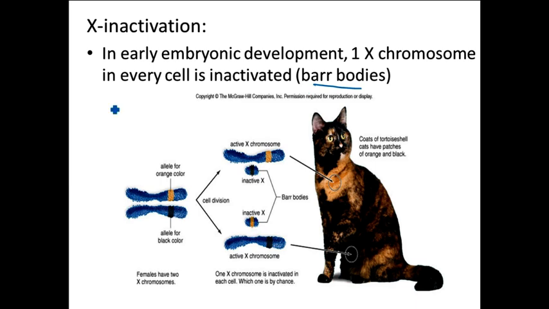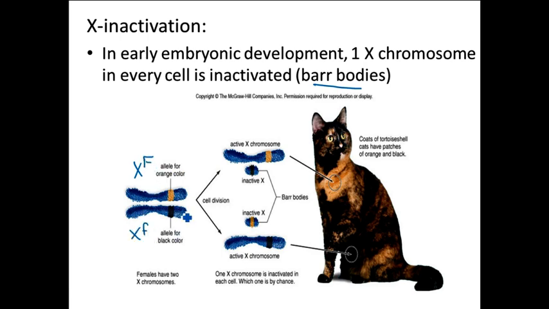Okay, so we see the effect of this in calico cats or in tortoiseshell cats. Okay, so tortoiseshell cats or calico cats, I'm going to use those terms interchangeably, even though, you know, for a cat fancier there might be a difference. Both of them have patches of black and orange, and their genotype would be X big F, X little f, right?